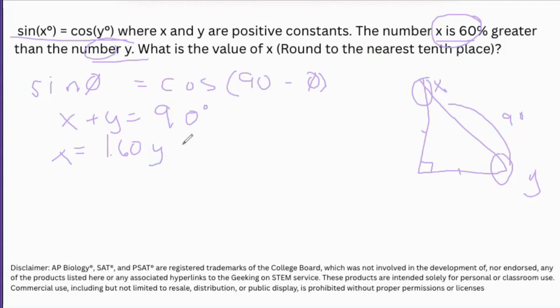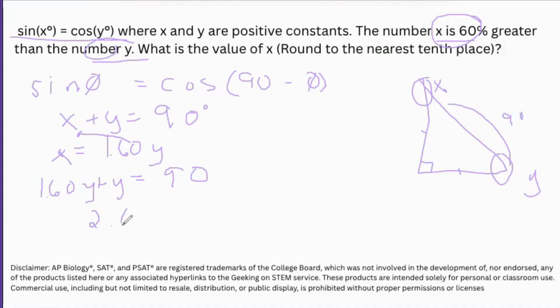When we take a look at this, we can present that into the problem. So we could say this is going to be replaced with x, giving 1.60y plus y equals 90. And we can simplify this further.